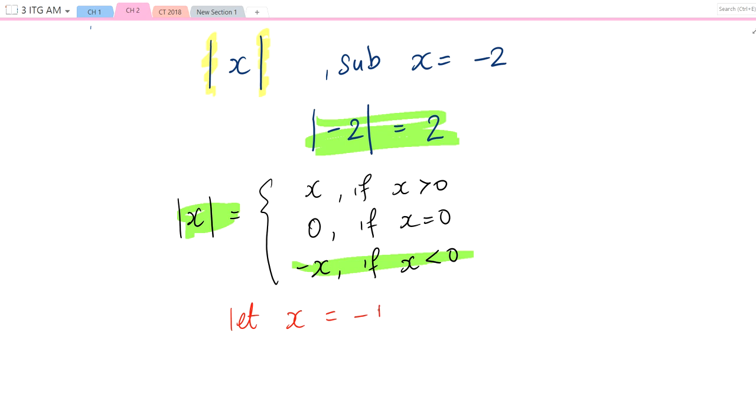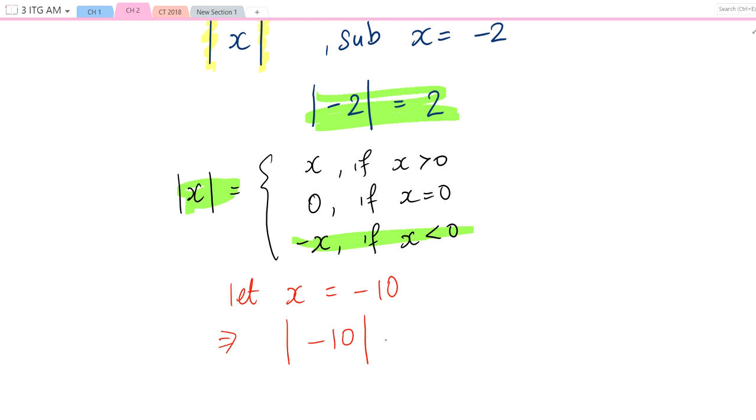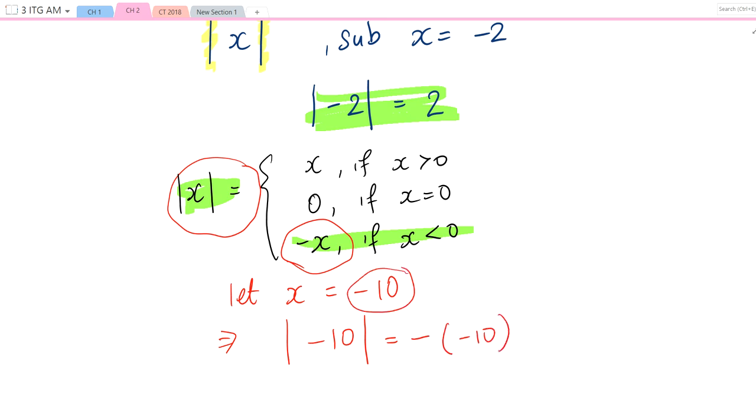Let's say let x be equals to -10. Okay, I'll substitute this into my modulus x, which gives me modulus of -10. The modulus of -10 is going to be equals to, see, this is what I've written, modulus of -10 is supposed to be equals to -x. Okay, let's write down the negative, and the value of x, earlier on we said that it is -10. So this results in a positive 10.